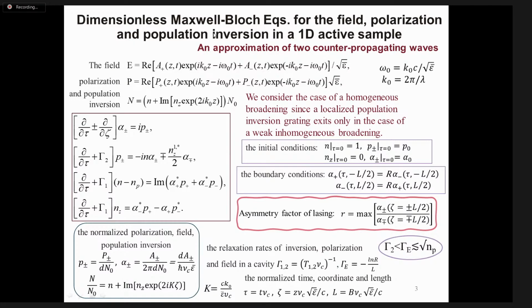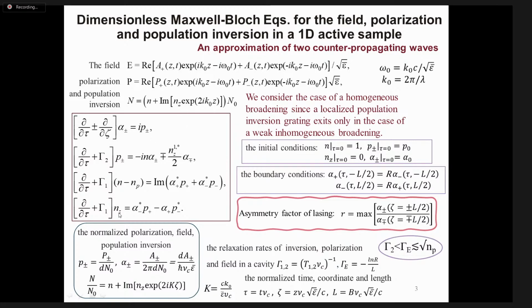So here are the well-known Maxwell-Bloch equations. In the one-dimensional case, we introduced two counter-propagating waves of electromagnetic field, the corresponding counter-propagating waves of polarization, and also introduced two components of inversion, slowly varying in space, and the complex amplitude of the half-wavelength population inversion gradient, N sub z.